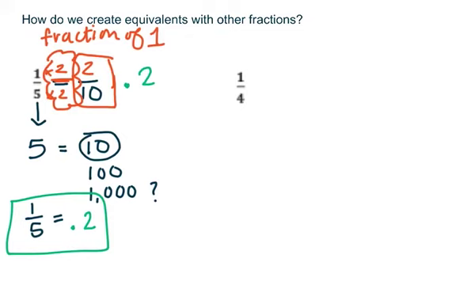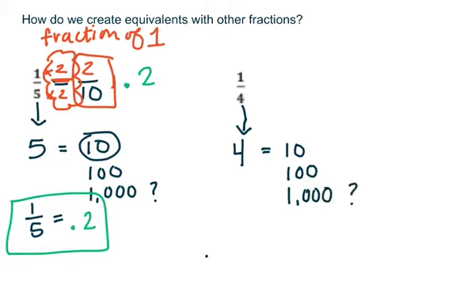So I'm going to do the same thing with 1/4. How do I create a decimal equivalent to 1/4? Well, I'm going to take this denominator 4, and I am going to see, can I get 4 into 10? Can I get it into 100? Can I get it into 1,000?